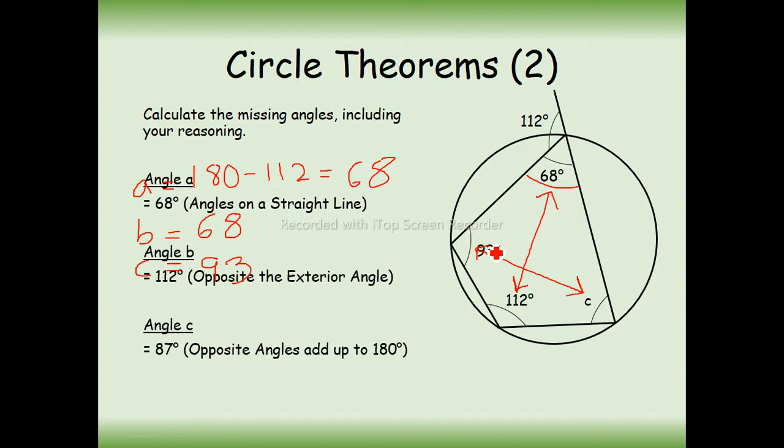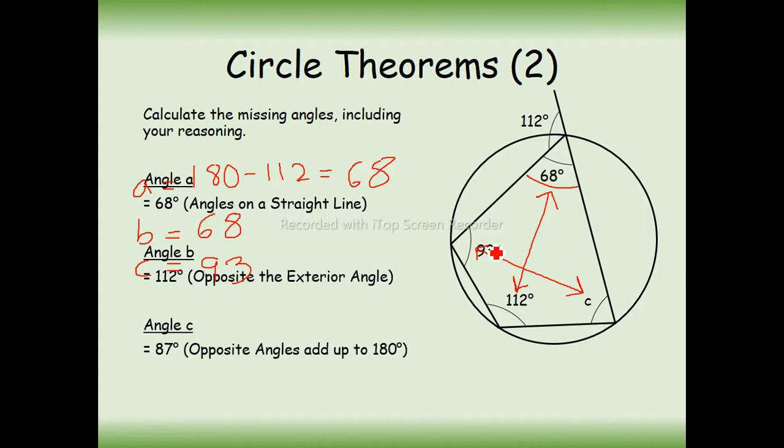Plus 68 plus 68. Wait. Why do they say C is 87? Hold on, go back. Oh, no, it's not 87. Opposite angles add up to 180. Mr. T, but 93 plus 93.